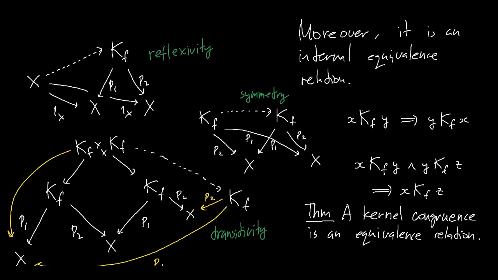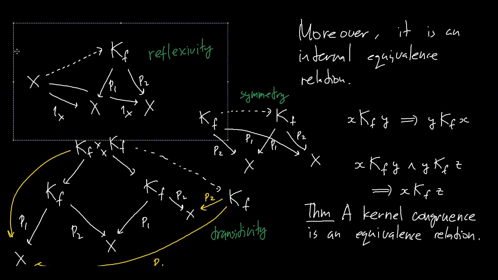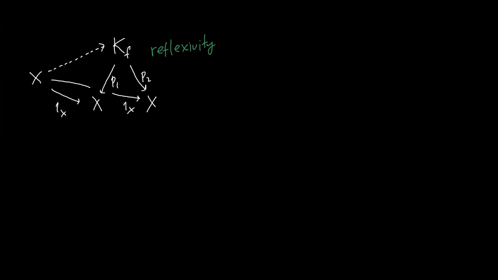So let's actually prove these properties now for the kernel congruence. So let's begin with the reflexivity. Remember, the kernel congruence comes out from a pullback. So I'm going to draw in from this diagram, I'm going to draw in the thing that makes it into a pullback, which is this. Okay, so now I'm looking for this arrow into KF.